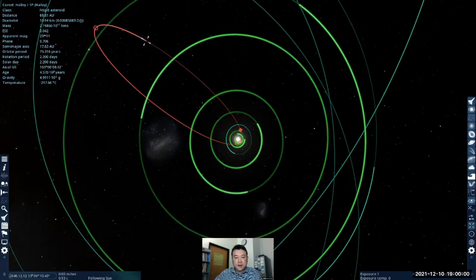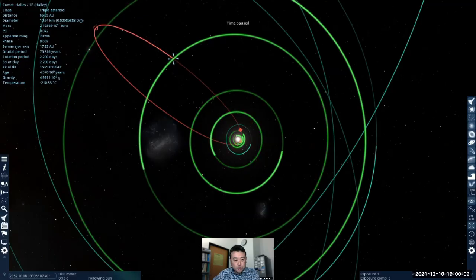So Kepler's second law says that, oh sorry, let me just pause it briefly. The area swept out by the line connecting the planet to the sun, in this case it's a comet, but Kepler's second law applies to comets as well, the area swept by that line in some amount of time is equal for all the points in the orbit.